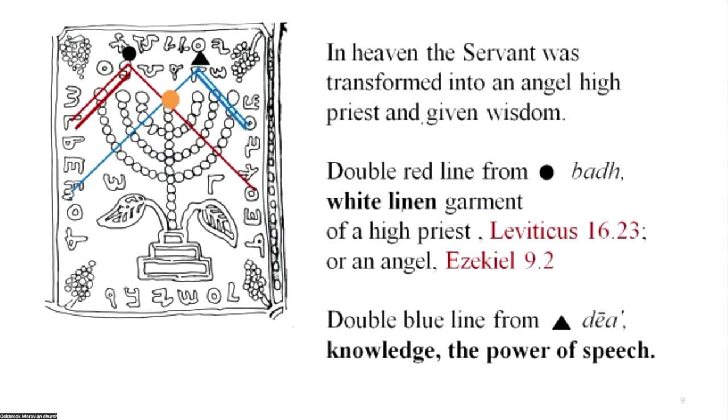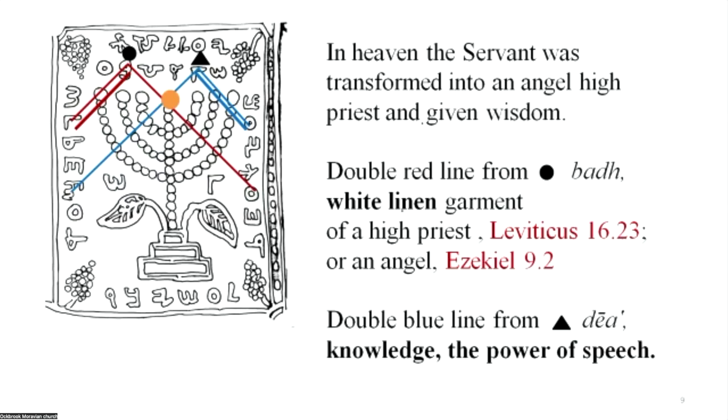And so the two letters from the dot up in heaven down to the left-hand side, that sloping red line, that says Bath, which is the white linen garment, either of a high priest, that's Leviticus 16, the chapter about the Day of Atonement, or it's the white garment of an angel.